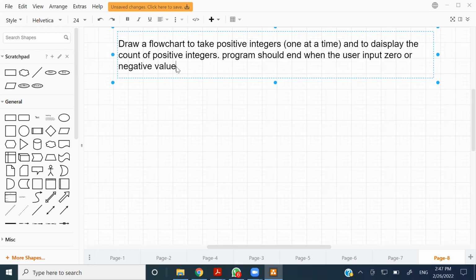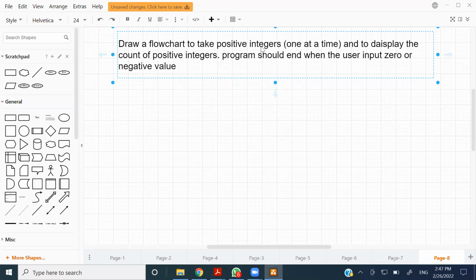So now in this program, you have to draw the flow chart to take positive integers. Then those positive integers need to be counted.